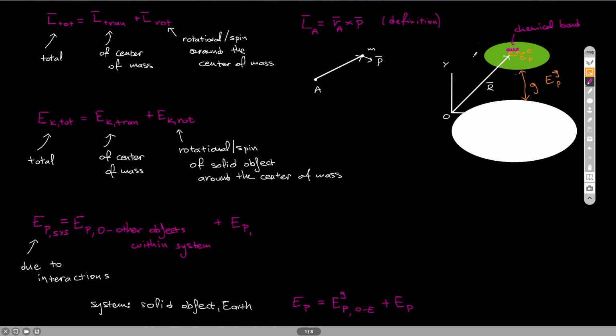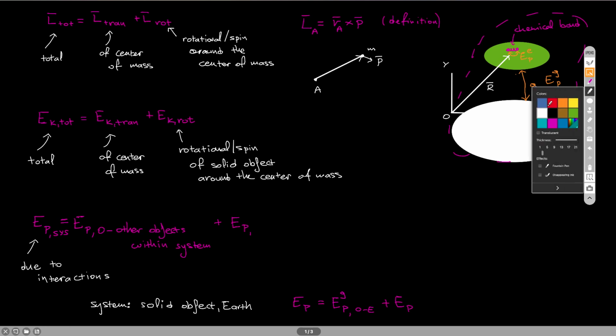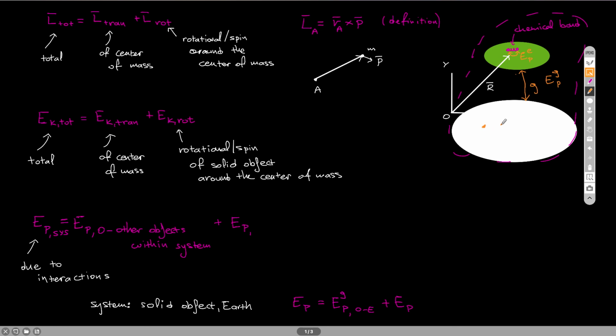So if I define my system to be the solid object and the Earth, then to find the potential energy of this system, I have to take into account all the interactions. This is one of them, this is another one. You may have an electrical interaction between two particles here that belong to the Earth.